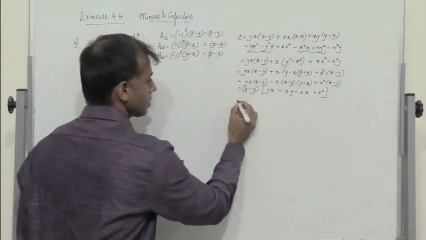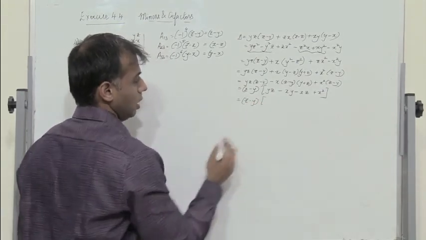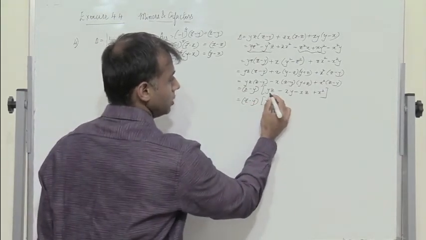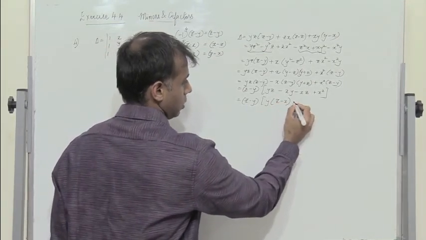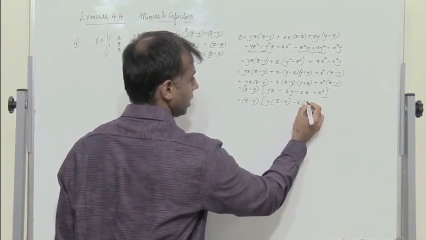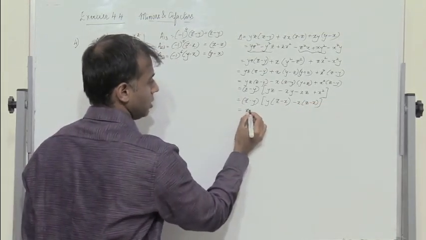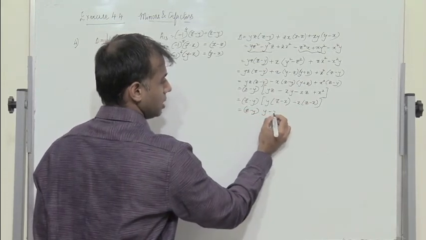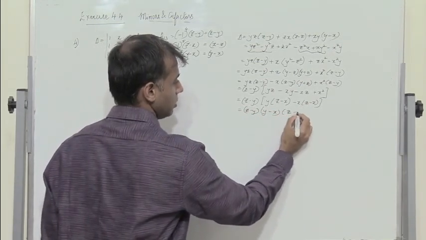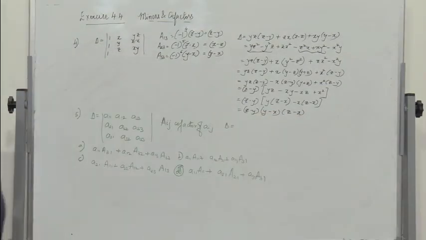So we have z minus y into, taking y common from these two terms, I get z minus x. Taking minus x common, I get z minus x. So we have z minus y into y minus x into z minus x.